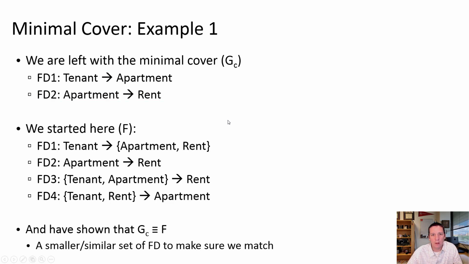And now at this point, we're down to just 2 functional dependencies that actually capture everything that our apartment manager is trying to do. So we started here with this big messy group of functional dependencies, but we can capture all of these rules with just these 2 functional dependencies: tenant determines apartment and apartment determines rent.